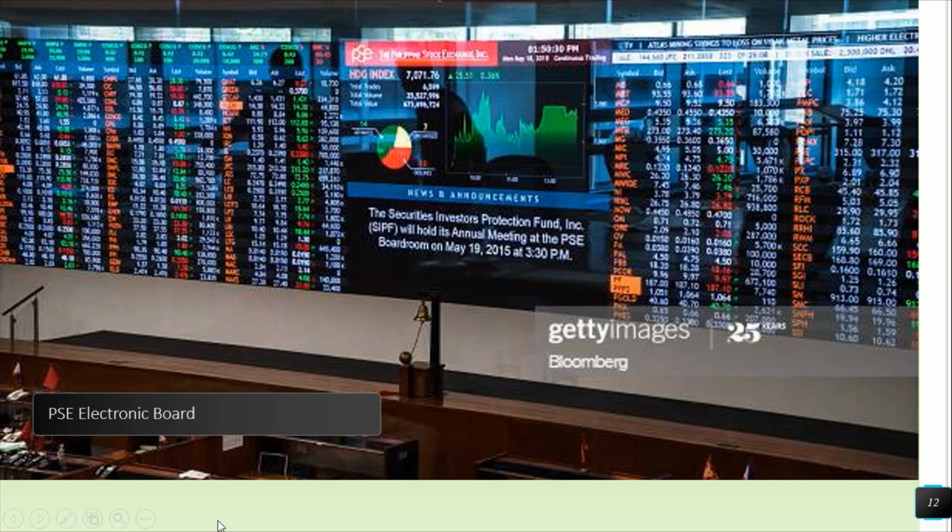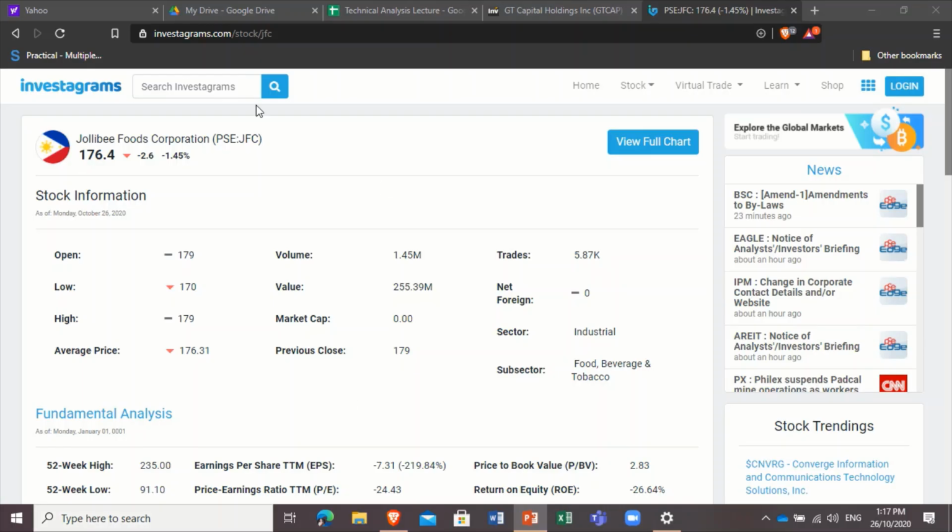In my example right here, we're going to use Investograms, although napakaraming websites na nagkikater ng same information on stock prices. For this particular discussion, I've chosen Jollibee Foods Corporation as my example.